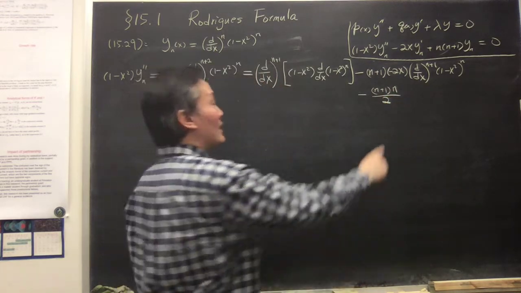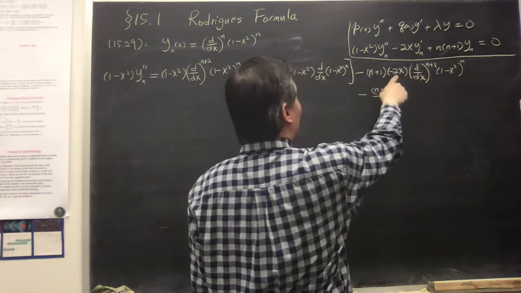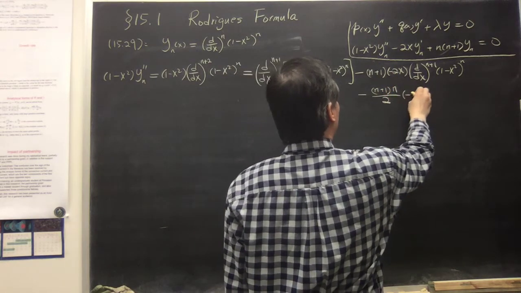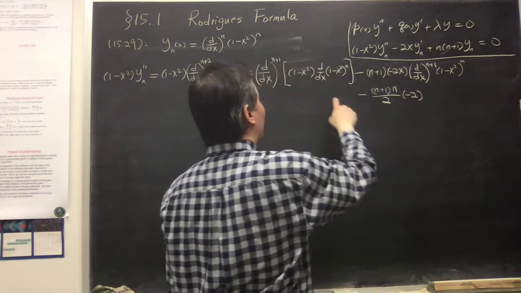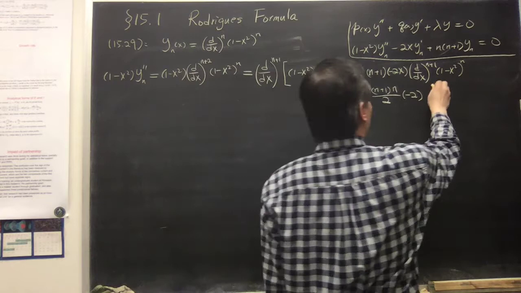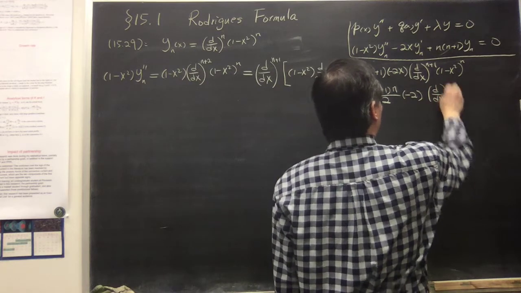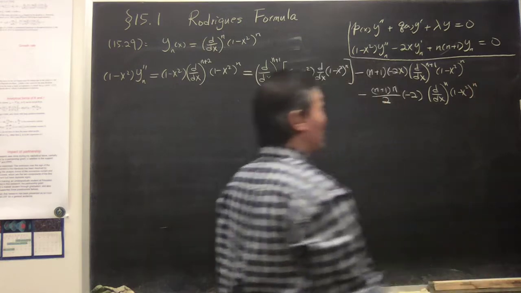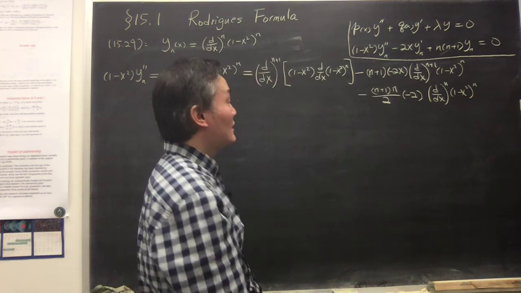The second derivative of this one is -2. And then the n-2 derivative of the other one will give you back d/dx to the n of (1 - x^2)^n.